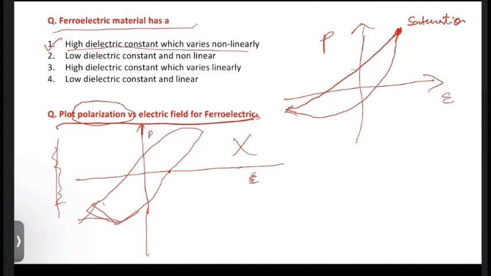This is called remanence, which means remaining polarization, because now the electric field is 0 but we still have some polarization.